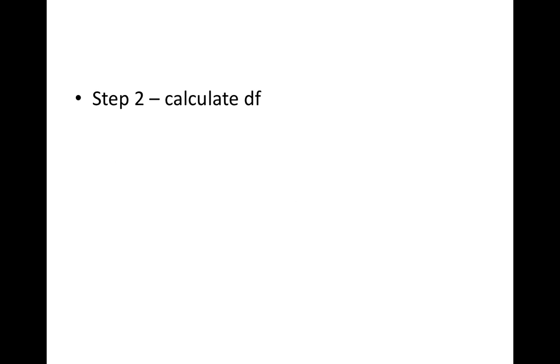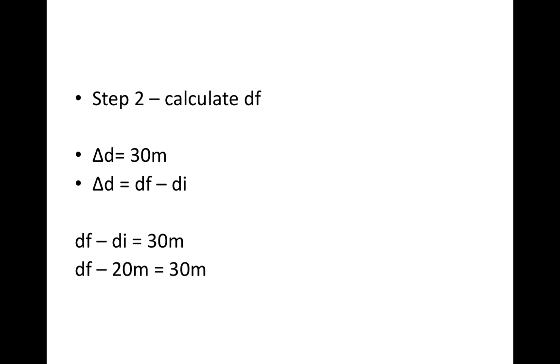And then step 2, we can calculate D final using the equation delta D equals D final minus D initial. So we plug in our values and we can rearrange and solve. So D final equals positive 50 meters, or 50 meters north.